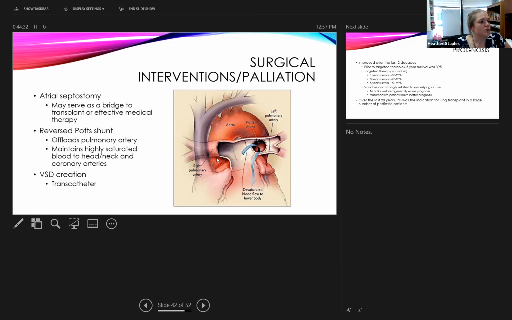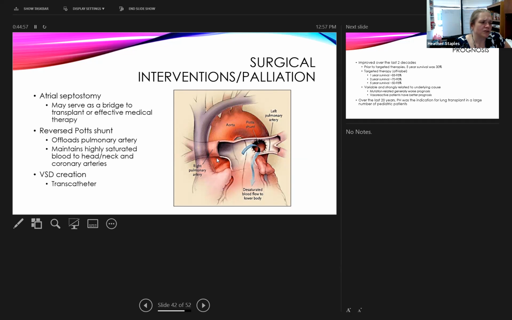So some patients whose pulmonary hypertension is so bad that they're looking at transplant may get an atrial septostomy to buy them some time. The other thing that's been used, and most of these have only been done in St. Louis and Houston. There's surgeons there that have done these. So the reverse Potts shunt, which can offload the pulmonary artery.